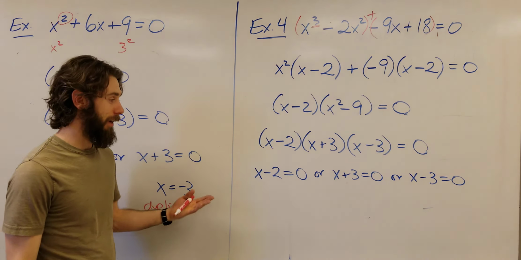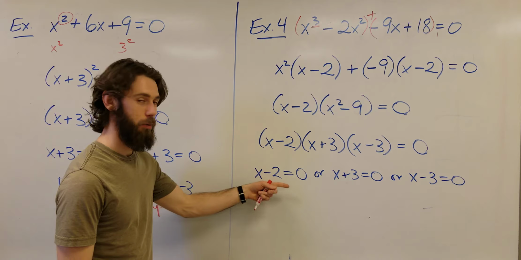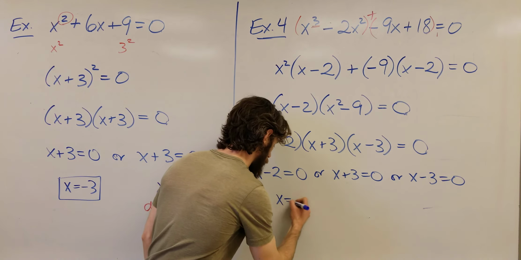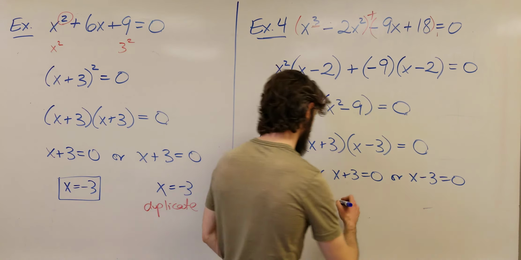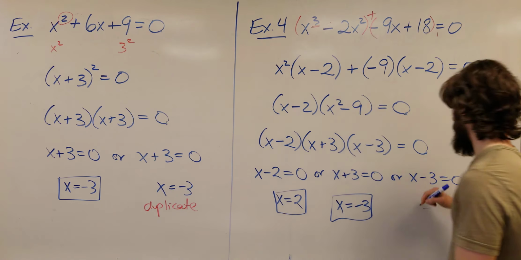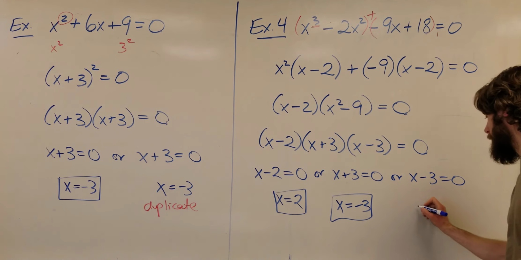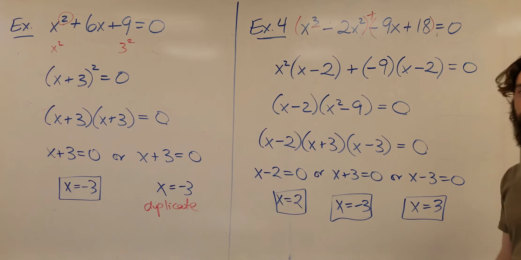All right, and then we just move everything to the other side. So we're going to get x equals 2, x equals negative 3, x equals positive 3. Voila.